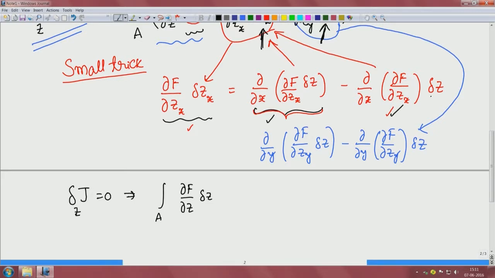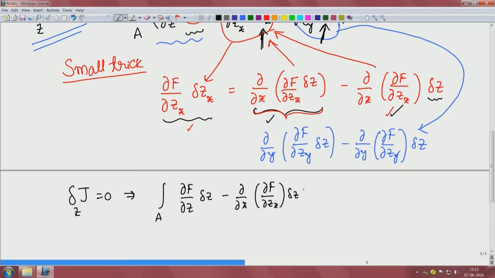I will take the one that has delta z and write this separately. So, this will be minus dou by dou x into dou f by dou z x delta z, and then this also minus dou by dou y into dou f by dou z y times delta z. So, all these have delta z. Let us put it together.